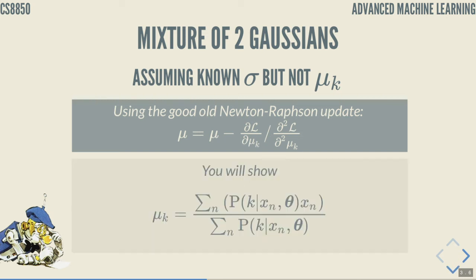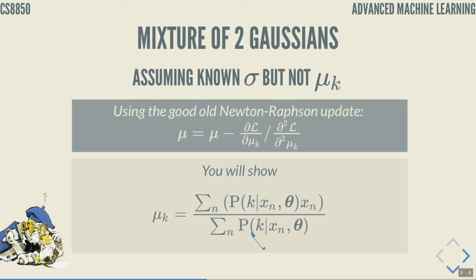And once you do that, you will show that the new updated value of the mu, well, not the optimal, but the new updated value, is nothing but the sum of the posteriors times the point value, summed across the complete data set, divided by the sum of all of the posterior values.